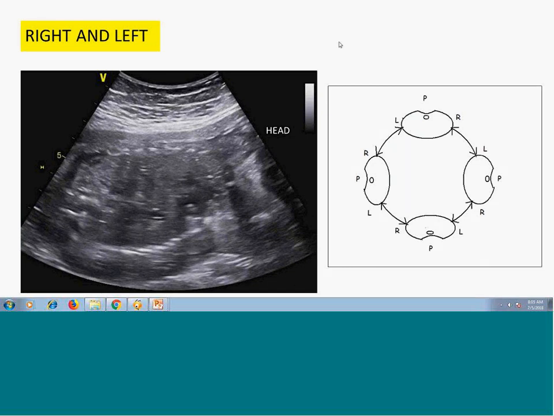Now, there are a couple of ways to decide right in a baby. This is one of the 3 ways, and we can use the figure which is given here. It means that we need to get an actual section of the thoracic cavity of the baby. Now, how do we do that?